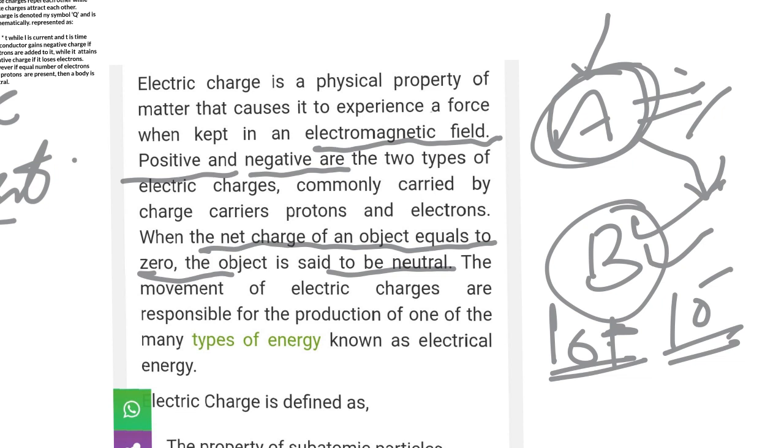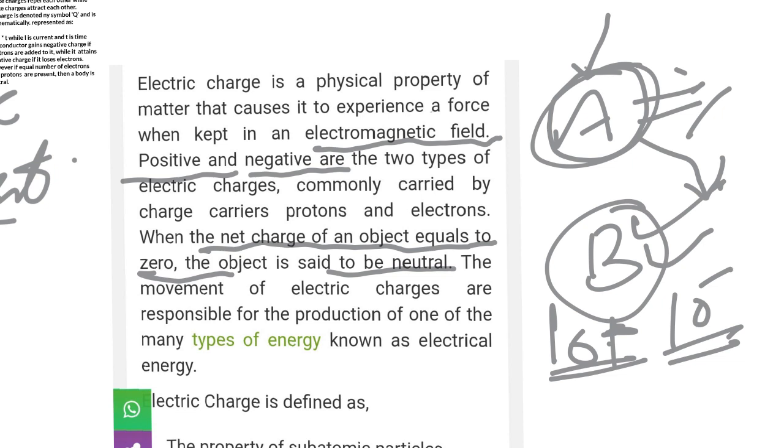So you have to just remember that electric charge is simply a physical property by virtue of which a body experiences the force of attraction or repulsion when it is put in an electromagnetic field. The charge is of two types. It is positive charge and the negative charge.